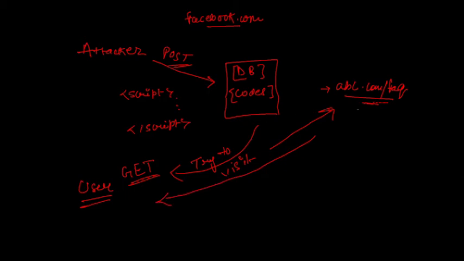The script can be of any type. Suppose it's a cookie stealing script, right? So when the user accesses the page, the attacker will get all the user cookies. That's the normal attacking scenario of XSS.